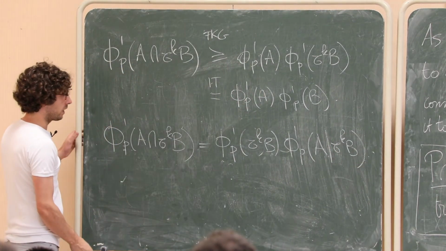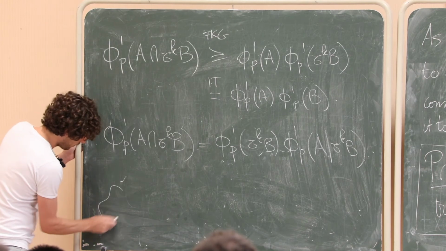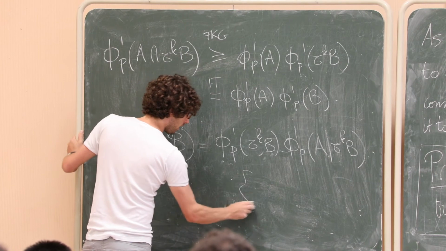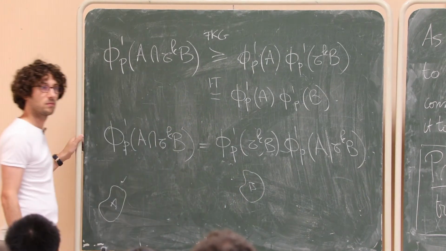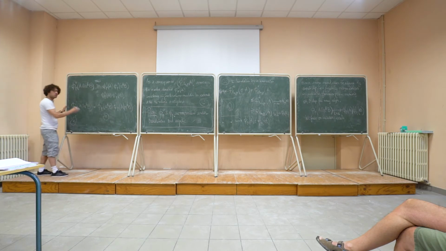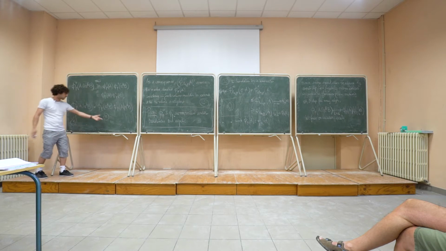And notice the following. So you have A, which depends on edges there, and you have B, that depends on edges there. So if I condition on B, say on a configuration in B, it induces a boundary condition on all the edges which are not depending on these, right?